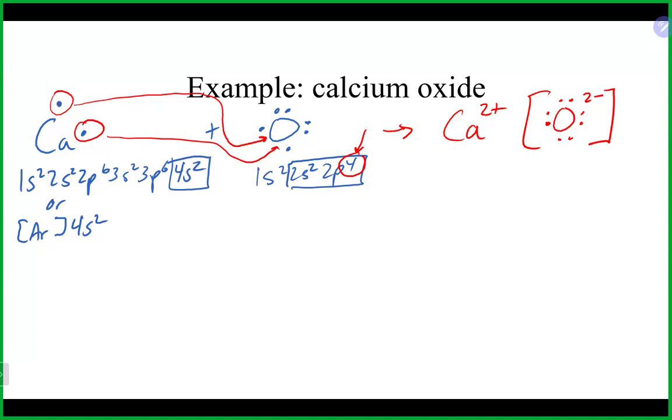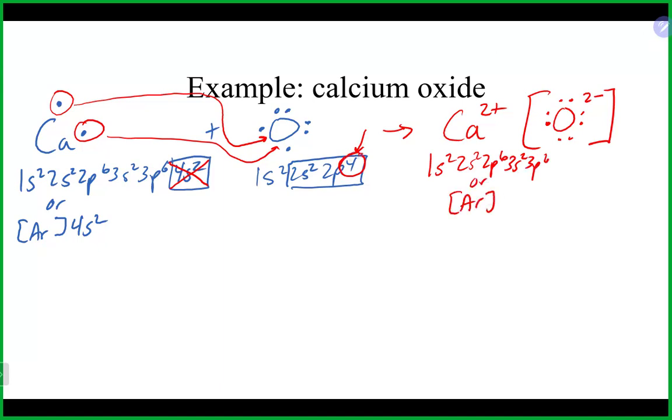As we look at what's happening here with calcium, it's going to be these 2 valence electrons that get lost, which means calcium here has a configuration of 1s2, 2s2, 2p6, 3s2, 3p6. That is argon's configuration.